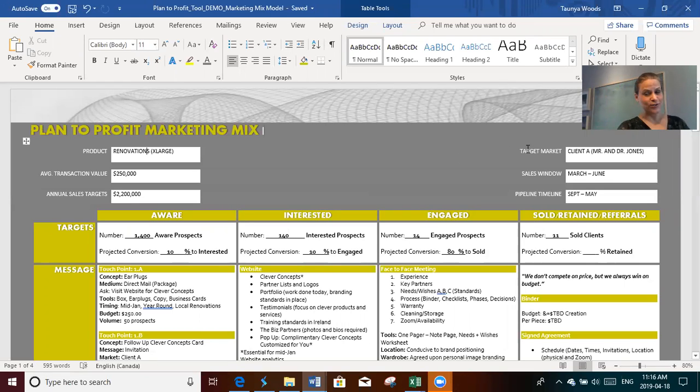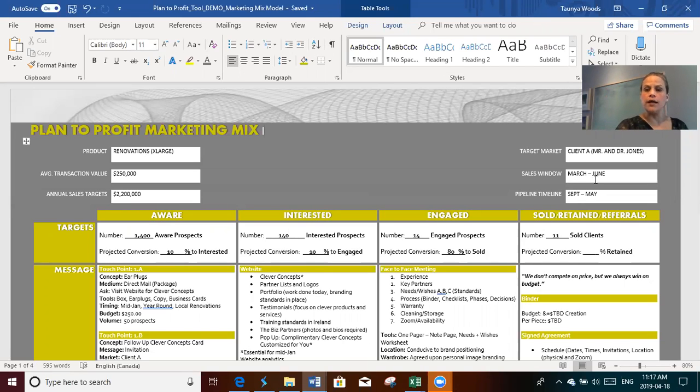That's why you'll see Mr. and Dr. Jones here. And then we also had client B, not out of priority or rank, but client B, they were doing the large renovations on homes typically built in the 70s. So there were very specific suburban areas where the homes were looking for large renos. But I'm going to focus here on client A.